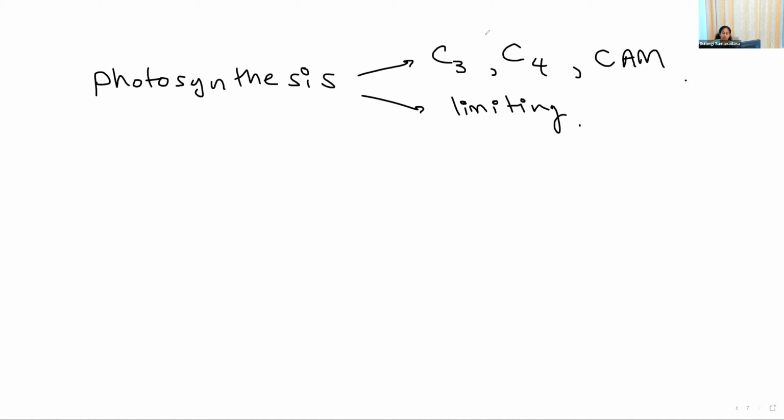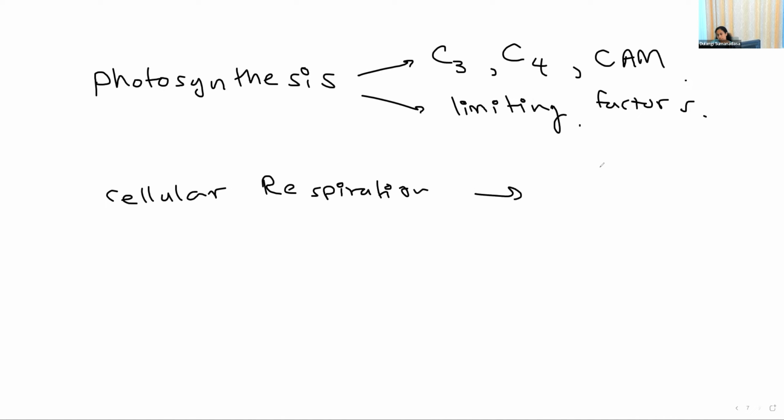Before that, all the cycles, the light dependent reactions and limiting factors, I just went through. And then I'm going to do cellular respiration now. I'm going to give the test on the 13th.